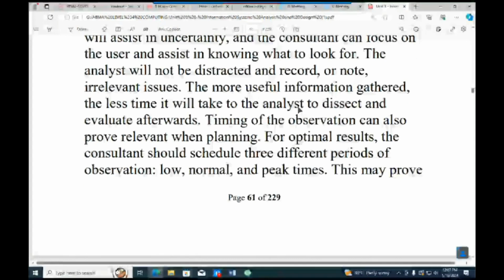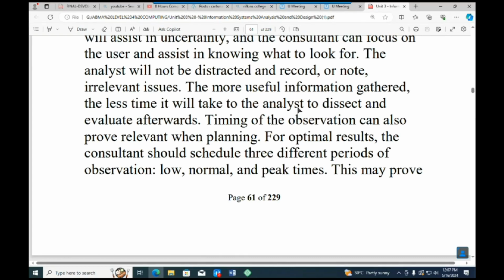It is also important to take keen notice of the timing of the observation, because this can be relevant when you're planning for the system, or when you're planning to get the optimal results.